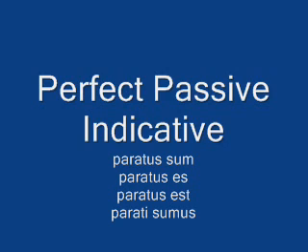So you're just taking that fourth principal part and adding some form of sum. And that's I am prepared, you are prepared, he is prepared, etc. Notice that when you go to the plural, you have to make the participle plural as well as the form of esse. Okay, that was the regular perfect indicative.